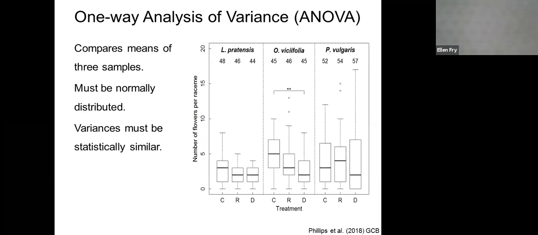The other two species do not have any significant stars. For Lathyrus pratensis on the left, so these are the medians, these lines, this could be because there really isn't an effect. For Prunella vulgaris, there does look like there's quite a big difference in medians, but there's a lot of variance. Look at the size of this whisker.